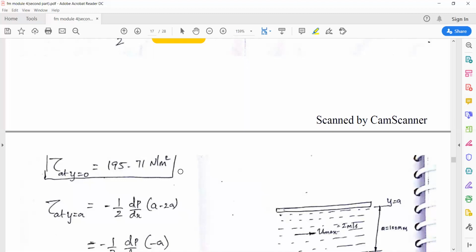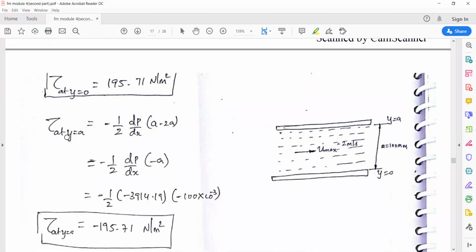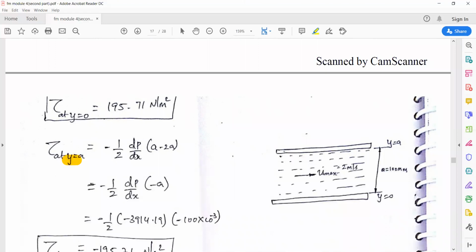All right, now tau at y is equal to a. We have the expression again for shear stress: minus 1 by 2 into dp by dx into a minus 2y. But here y is equal to a, so it becomes minus 1 by 2 into dp by dx into a minus 2a, which is minus a.